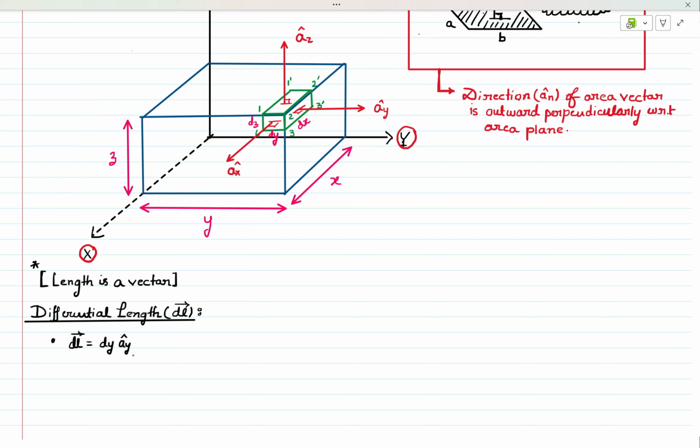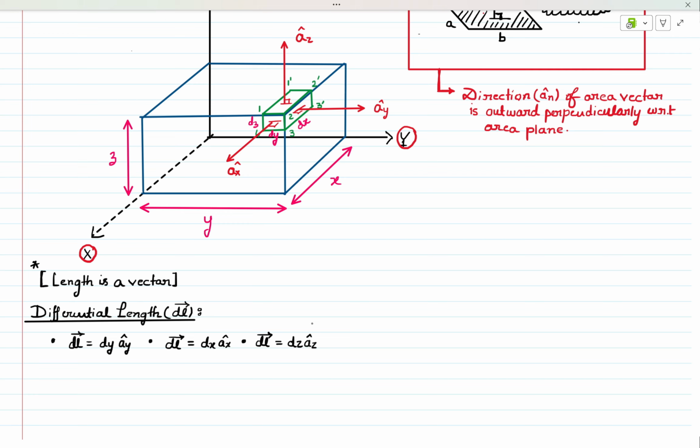In a similar way, I can write the differential length in the direction of x as dx in the direction of x, and similarly the differential length in the direction of z as dz in the direction of z.